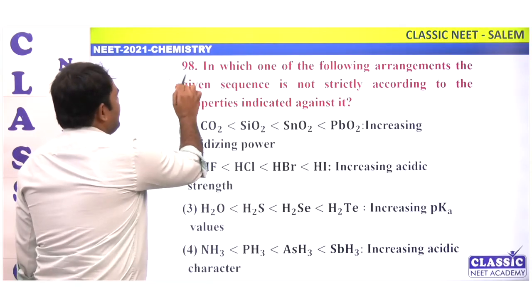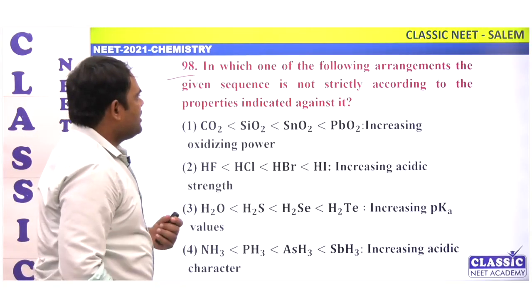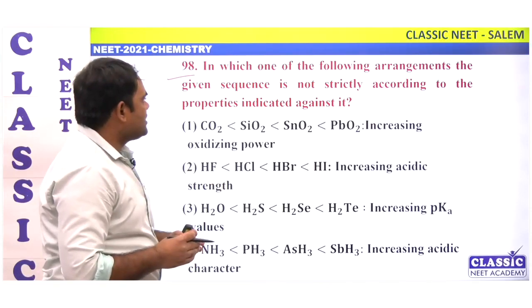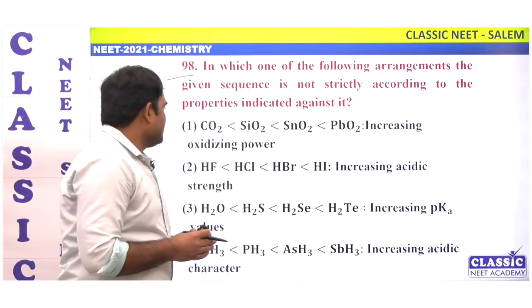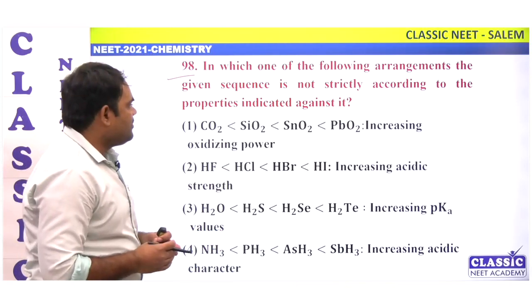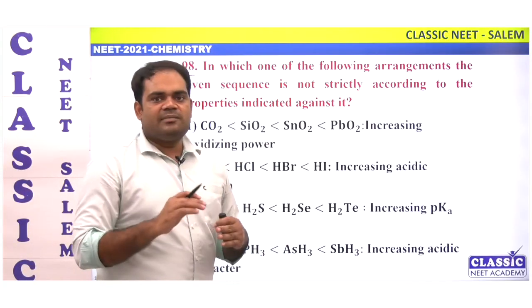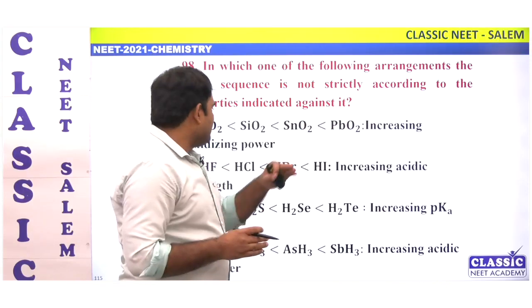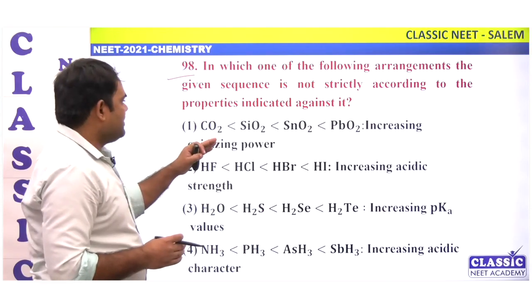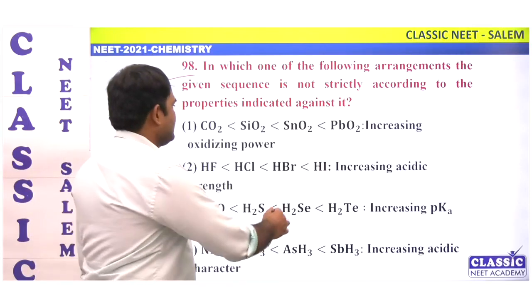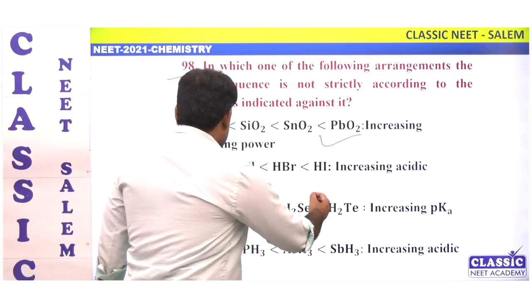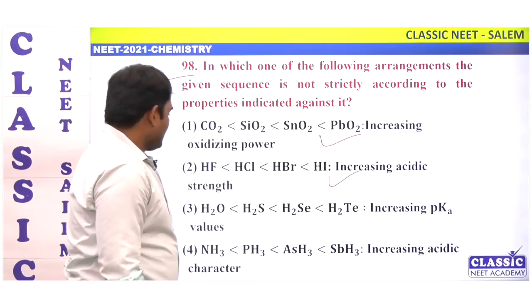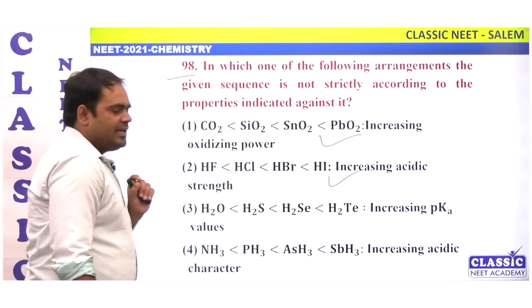Next one, question number 98. Which one of the following given sequences is not strictly according to the properties indicated against it? So increasing oxidizing power: when going top to bottom in the carbon family, the oxidizing power of the oxide is increasing. It is correct. That is increasing acidic strength. That is also correct. Then it says increasing pKa values.